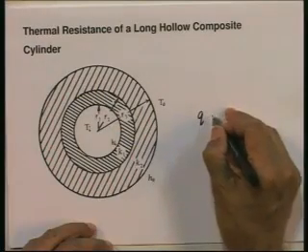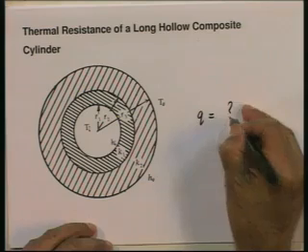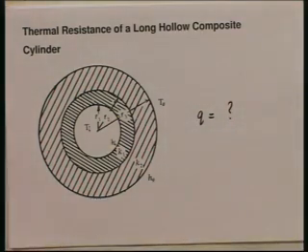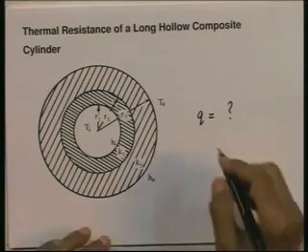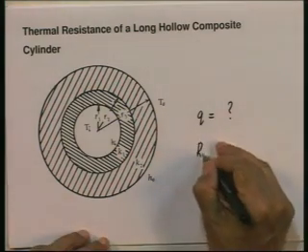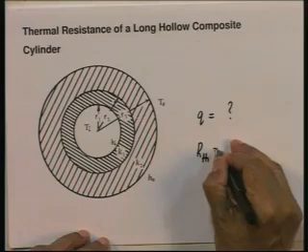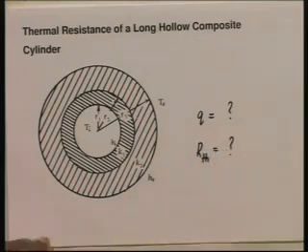Now, we can go through a derivation for this case again in the same manner as we did for an infinite composite slab and derive expressions for Q, the rate at which heat flows across this composite cylinder, and the thermal resistance for this composite cylinder. We can do both in exactly the same way that I did for the slab.